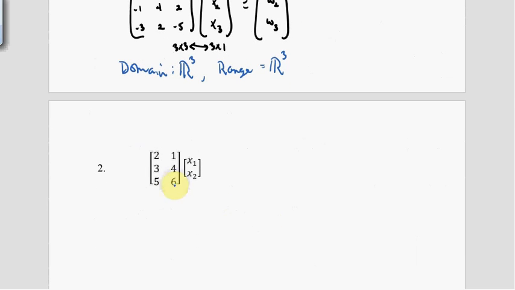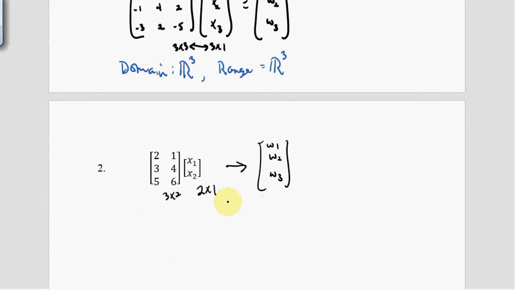All right. So look here. This matrix here is a 3 by 2, and this vector here is a 2 by 1, so the resulting matrix would be, do you see it?